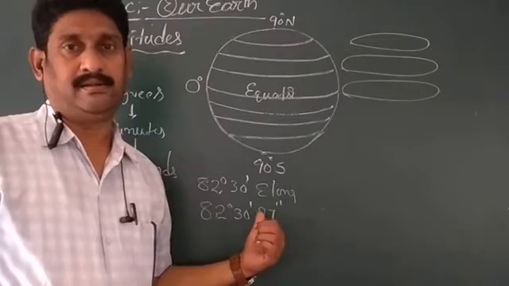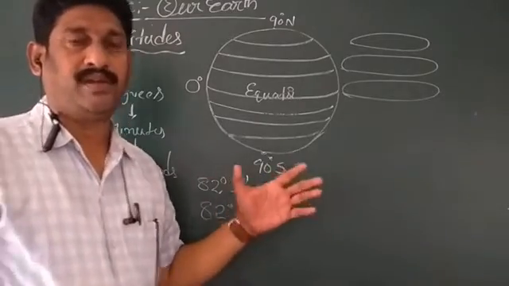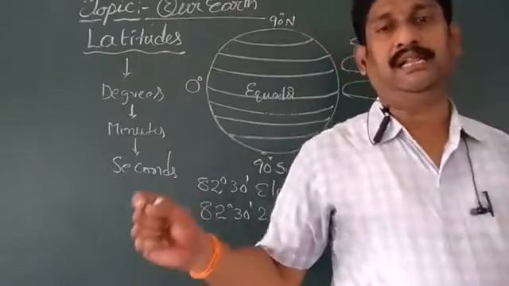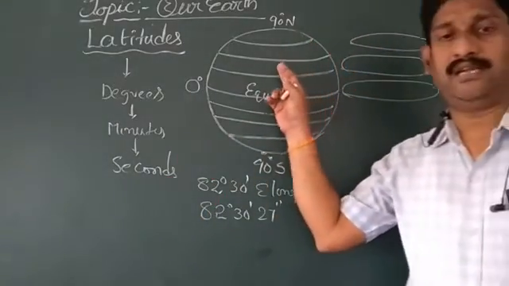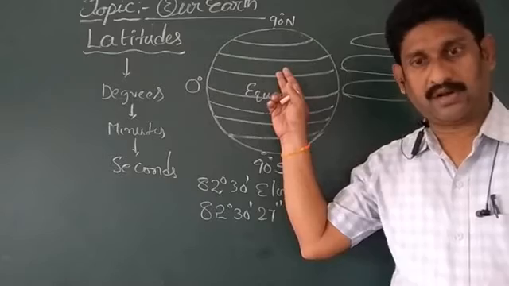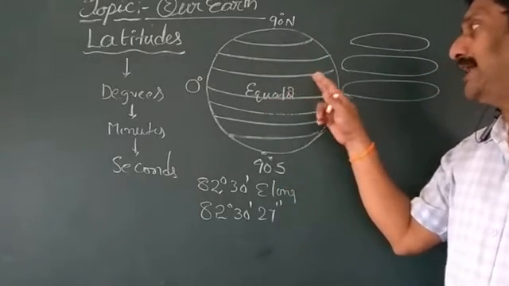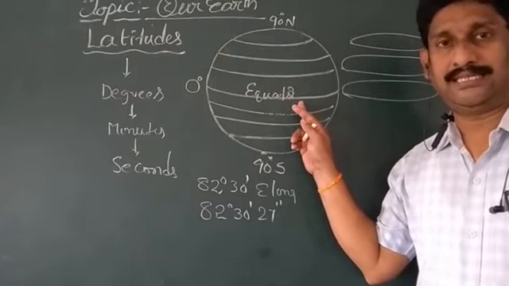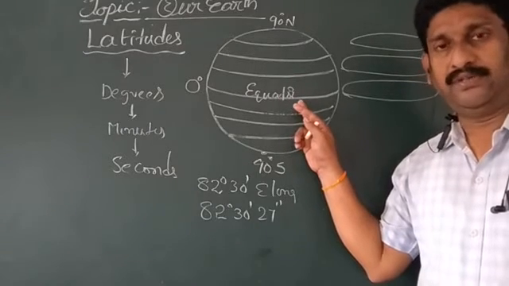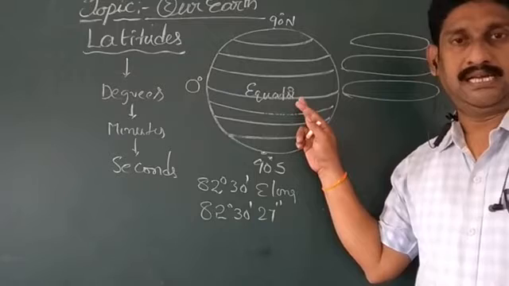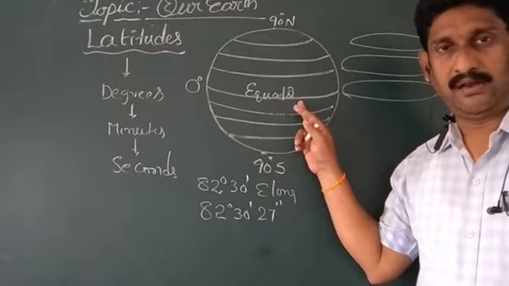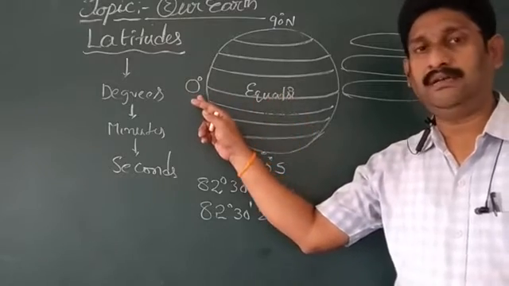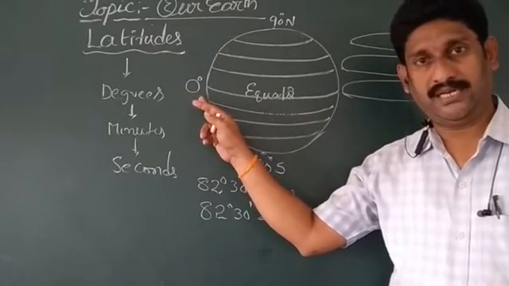So what we can understand here: the horizontal circles that go around the earth are called latitudes. The latitude exactly in the middle of the globe is called the equator, the longest latitude. It is designated with 0 degrees.